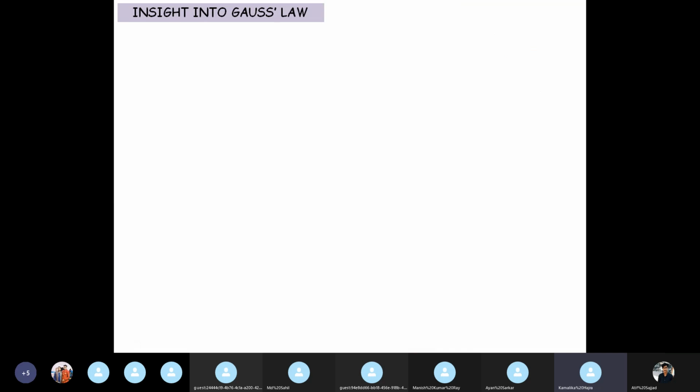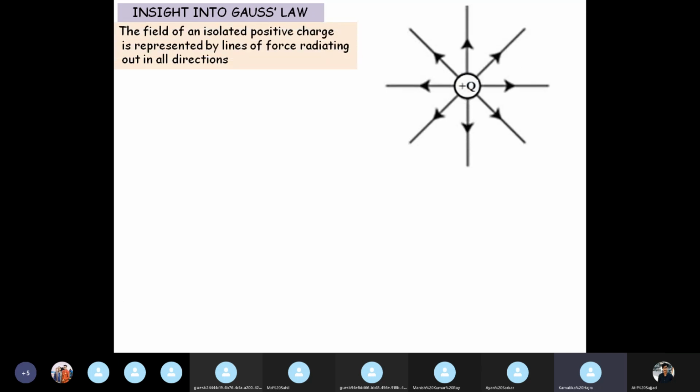Now let us get some insight into Gauss's law. What is it basically trying to tell us? For that, let us consider an isolated positive charge plus Q. This is the lines of force representation of an isolated positive charge.